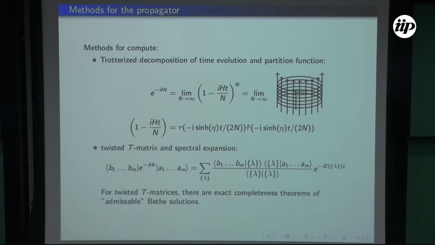If before you take the Trotter limit this capital N is still finite, then you can imagine that at the bottom you have your initial state.